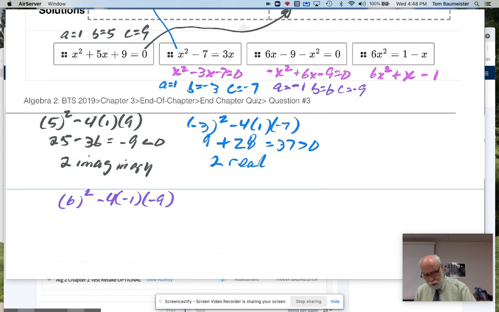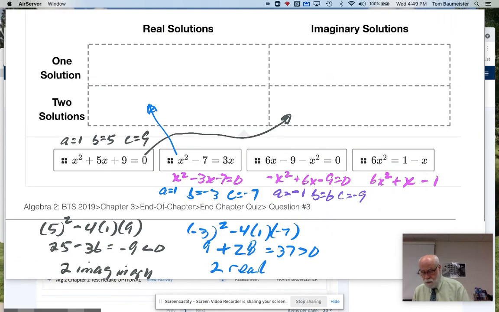So I'll have 36. And again, let's think here. Negative times a negative is a positive, but I have another negative there times a negative. So all of that will be a negative. So I have 36 minus 4 times 9 is 36. So that one is equal to 0. So that means we have 1 real solution. And when I drag that one, that one will go up here.